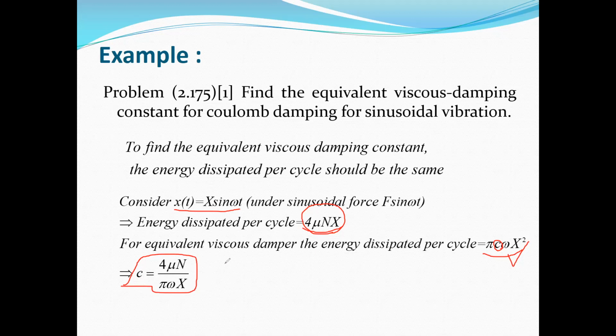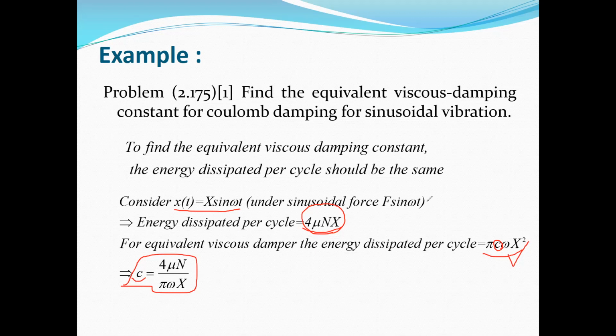So instead of the friction, if we had viscous damping in the system with this constant 4 mu N divided by pi omega X, the response for them will be the same. Of course, this is only an approximation, and this result is validated only when we have the harmonic excitation.